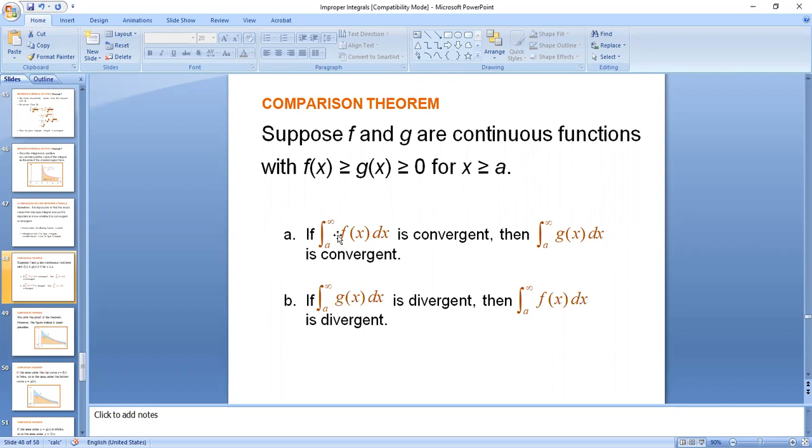This is when f of x is greater than g of x, as long as g of x is greater or equal to 0, for any values of x equal or greater than a.